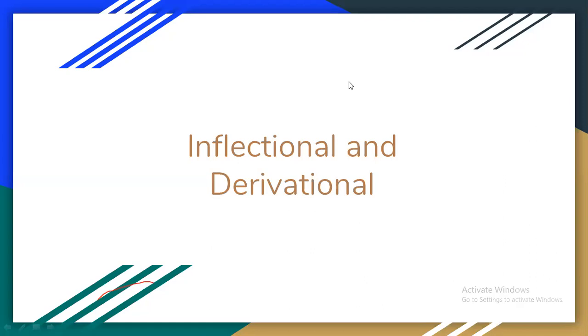There are 4 types of, especially, word formation processes. One is inflectional. Using inflectional morpheme, we can form new words, or we can change the form of a word. Next one is derivational process, or derivational morphology.